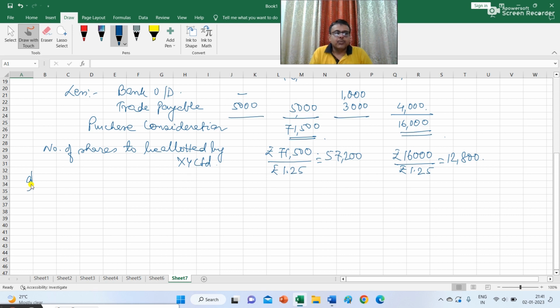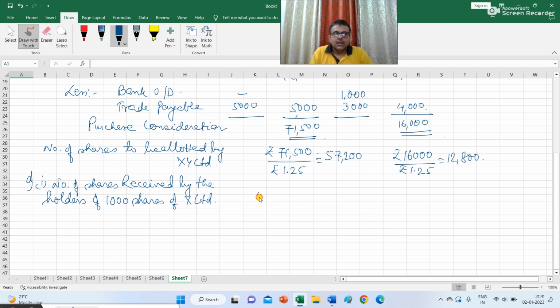Now, question number A, point number 1, that is number of shares received by the holders of 1,000 shares of X Limited.